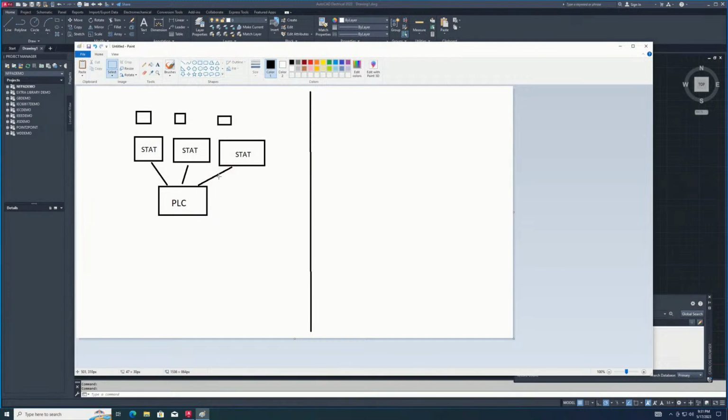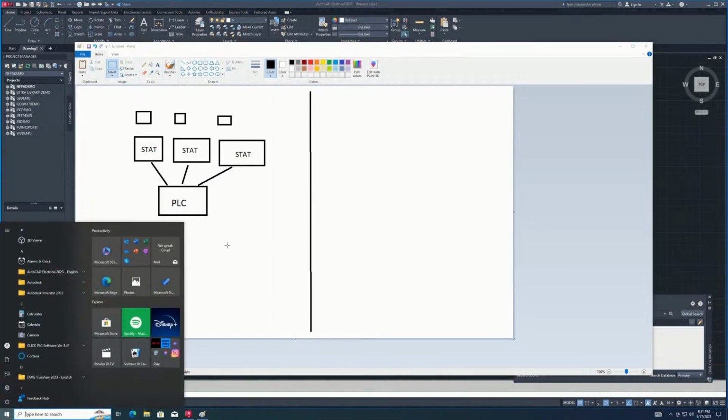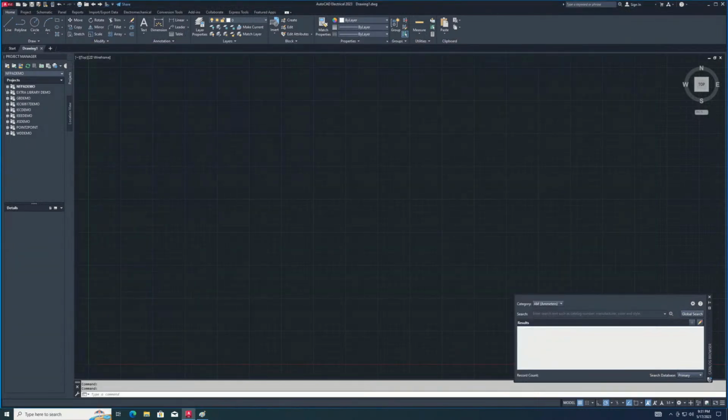Actually, is there something else I can do this with? Let's just do some AutoCAD. It'll be easier. I don't know why I was doing it in Paint.